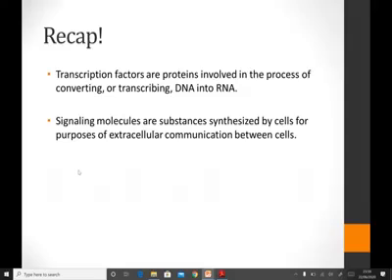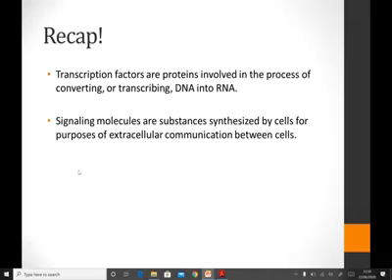So let's have a brief recap of what a transcription factor and a signaling molecule was. Transcription factors basically are certain proteins that are involved in the process of converting or transcribing the DNA into RNA. And signaling molecules are those substances which are synthesized by cells for the purpose of extracellular communication between the cells.